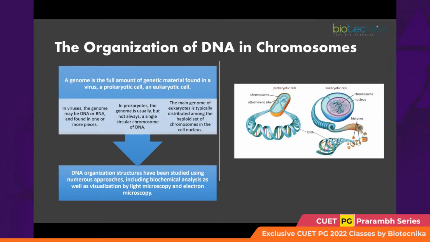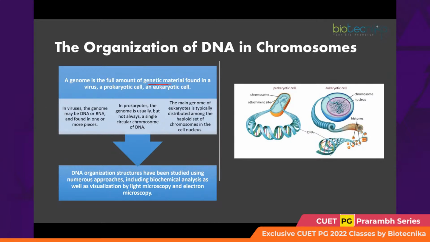So, what is the organization of DNA in the chromosome? If you see a genome, it is the full amount of genetic material which is found in a virus, a prokaryotic cell, or even a eukaryotic cell.